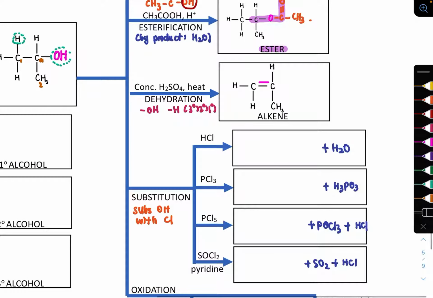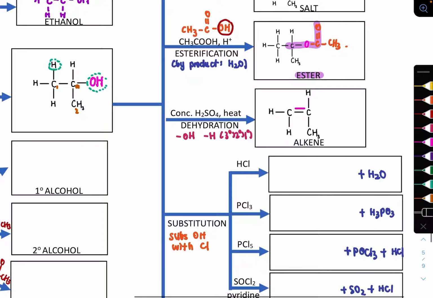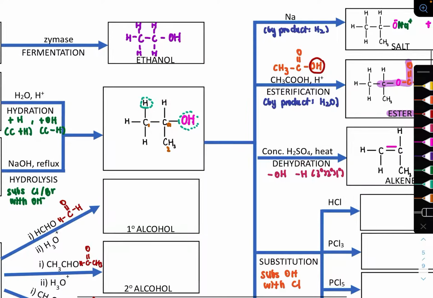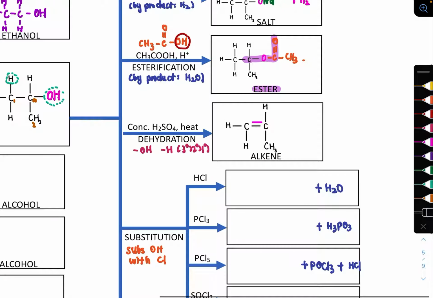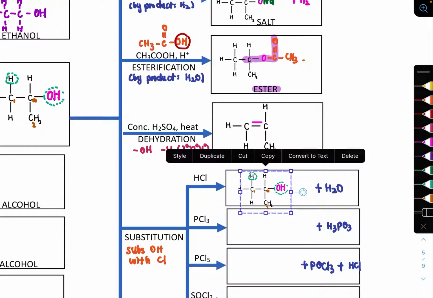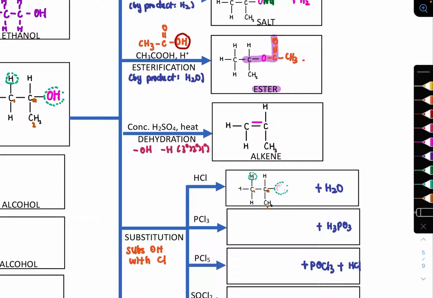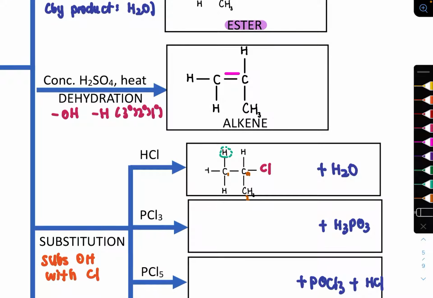Balik pada mind map kita. So our product would be what? Yang ini sebenarnya sama je lah. I'm just gonna make it small. Lepas tu yang OH ni akan jadi my chlorine. So ni buat nampak cantik sikit. So dia jadi chlorine. So yang ini just gonna remove.